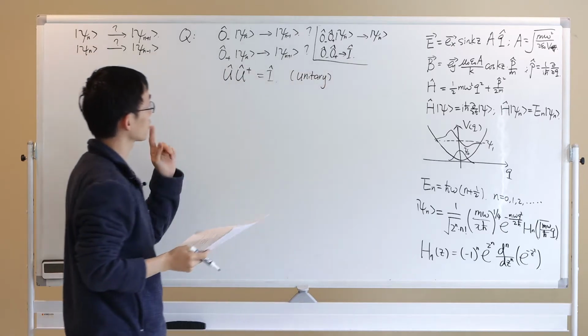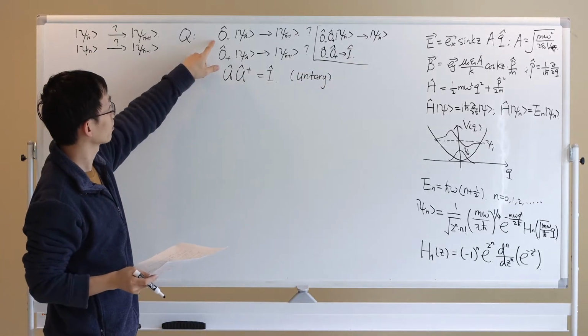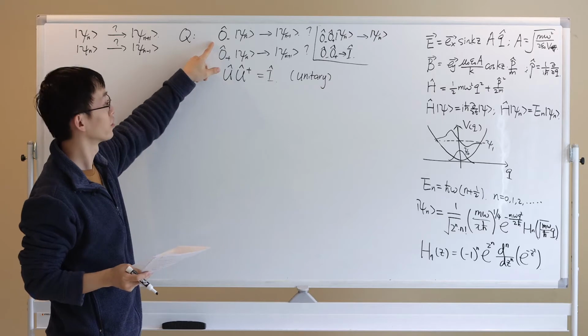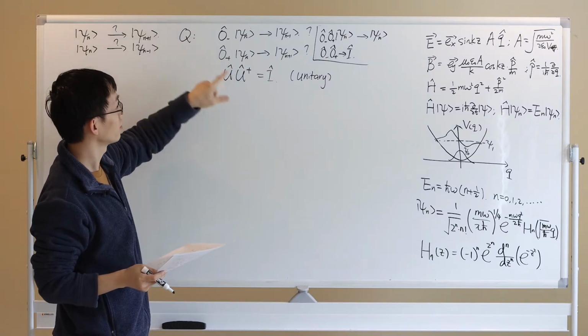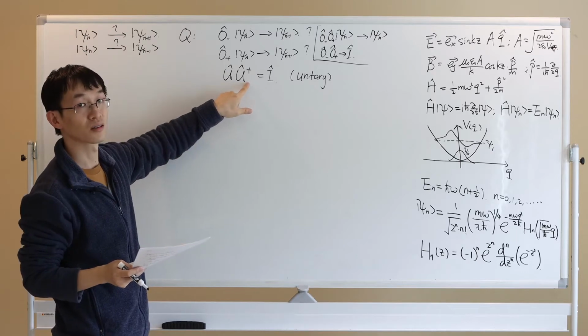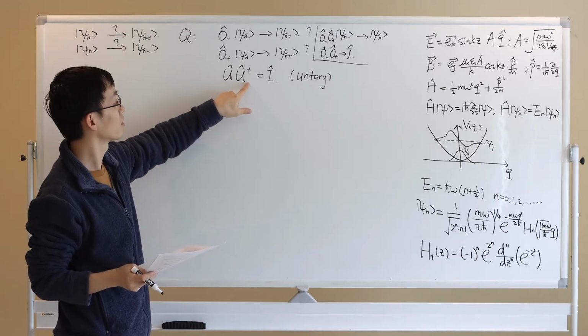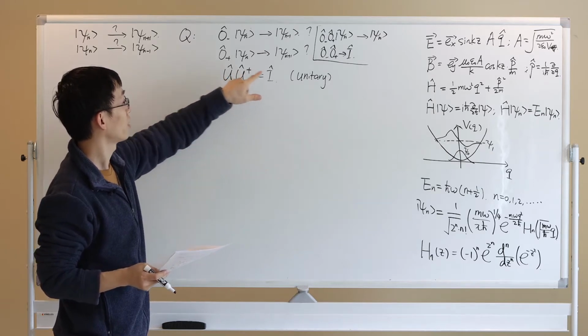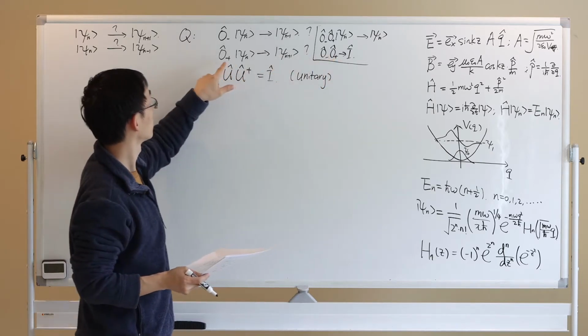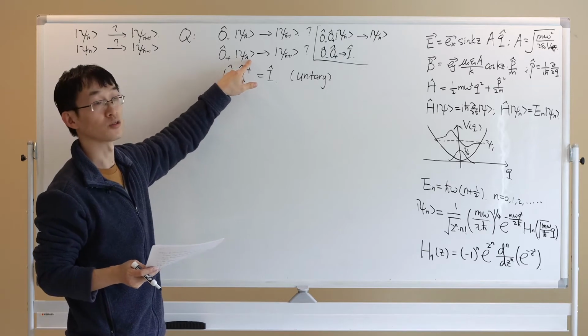So the logic is like this. If we can make the annihilation operator into a unitary operator, then the transpose conjugate of this operator would naturally give you the creation operator, right?